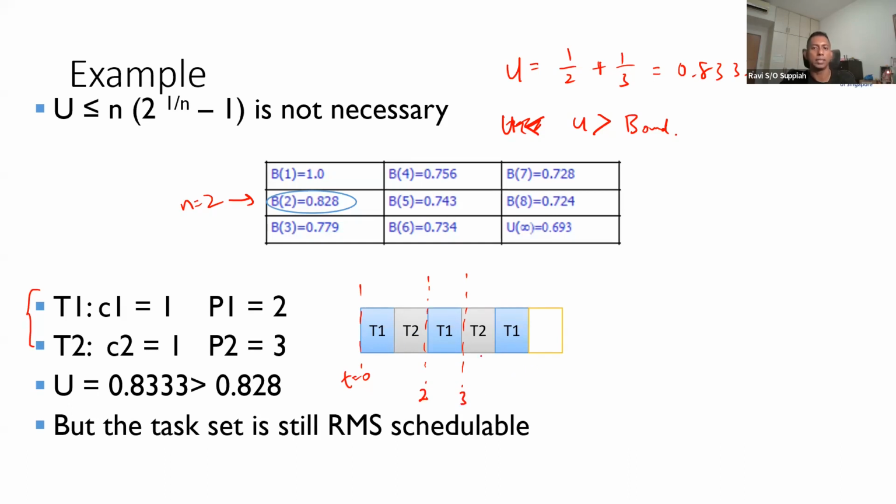So I do not miss any deadlines, and I'm still able to schedule according to RMS, meaning the lower period task has a higher priority. This tells you that the utilization bound calculation is sufficient but not necessary. Even if I don't satisfy this check, I may still be schedulable using RMS.